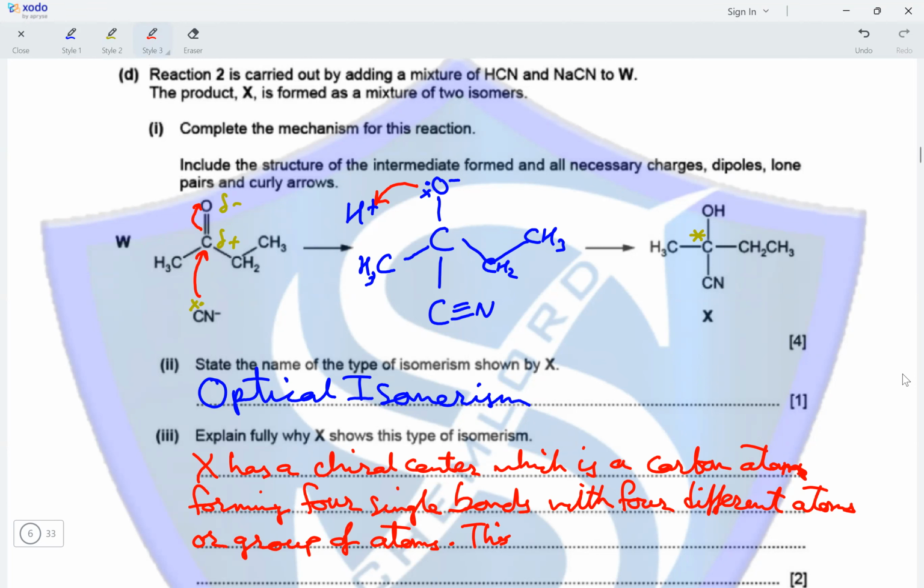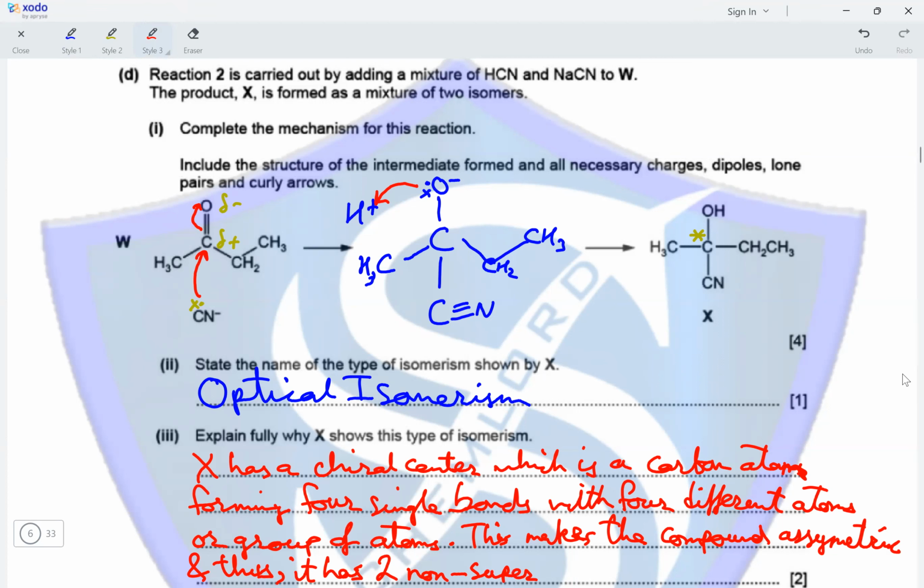This makes the compound asymmetric and thus it has two non-superimposable mirror images present, which are the optical isomers.